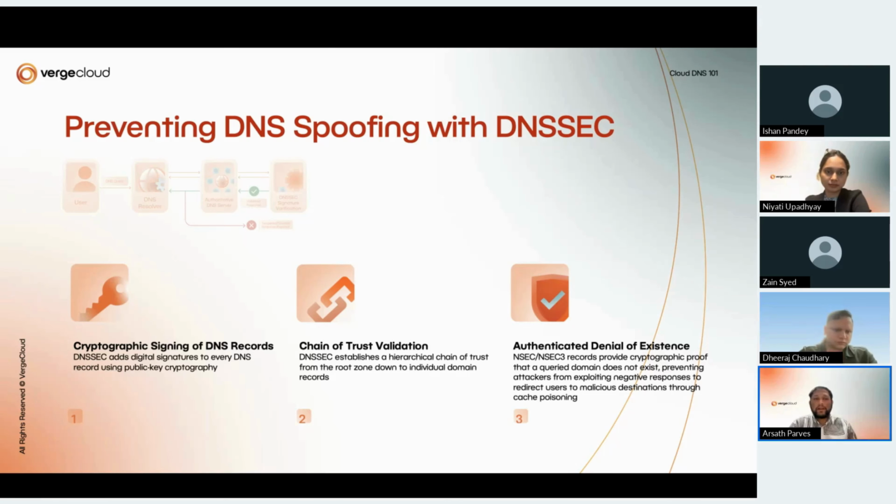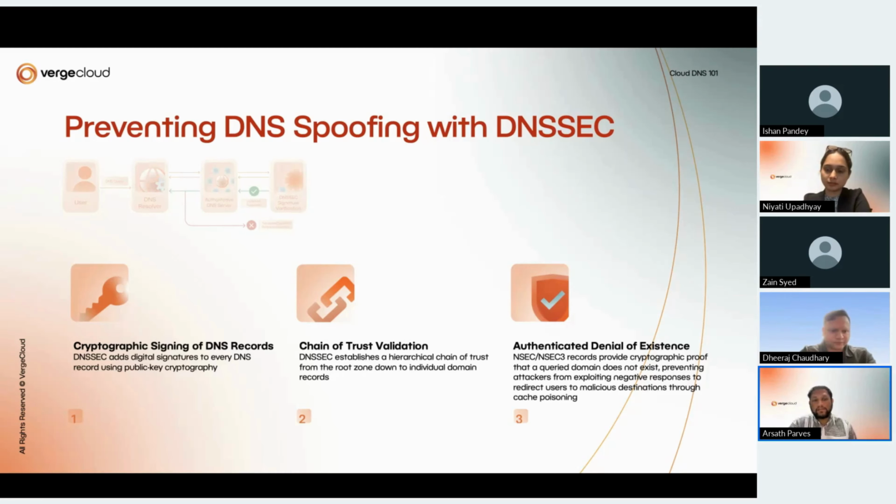The next thing DNSSEC can help with is implementing trust validation. If you remember the DNS hierarchy I was talking about, from the root level till the authoritative DNS server level, we'll be able to do a chain validation from the root to the authoritative DNS service. The third thing DNSSEC can be used for is to prevent DNS cache poisoning attacks.